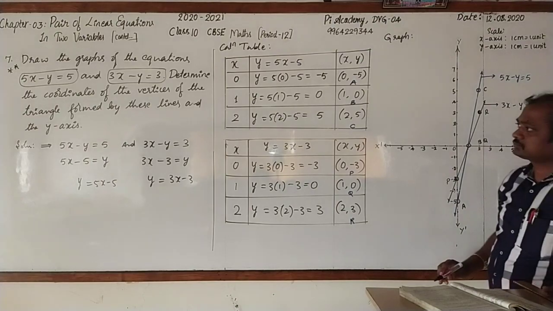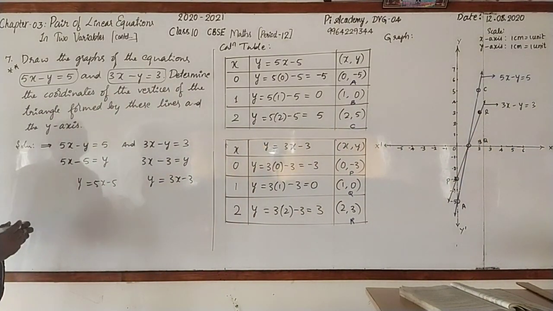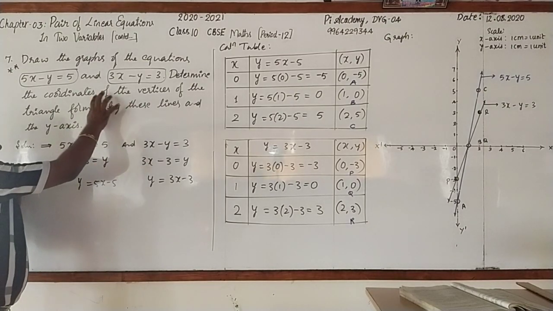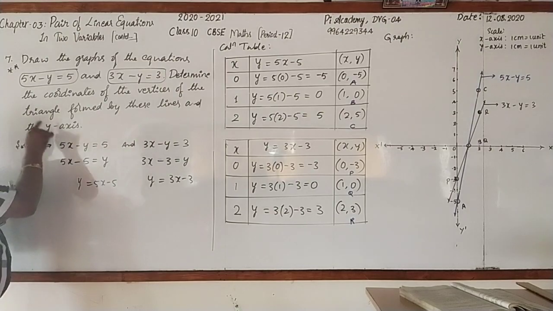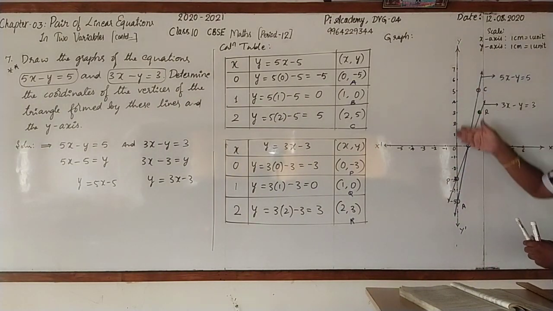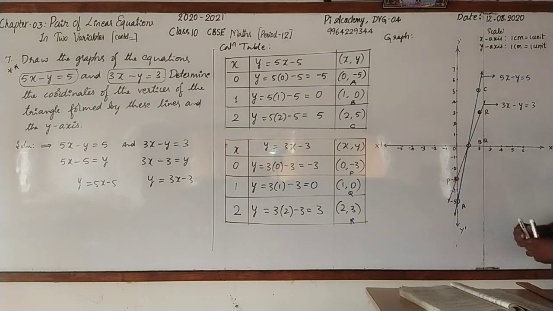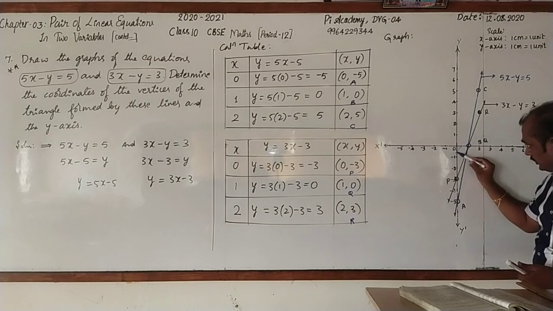Clear? Observe. Determine the coordinates of the vertices of the triangle formed by these lines with y-axis. See that? This is y-axis. These lines. This is the point of intersection. I am going to shade that.